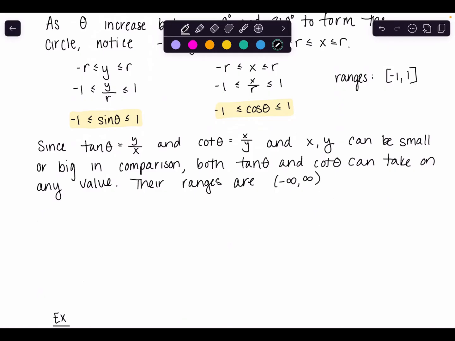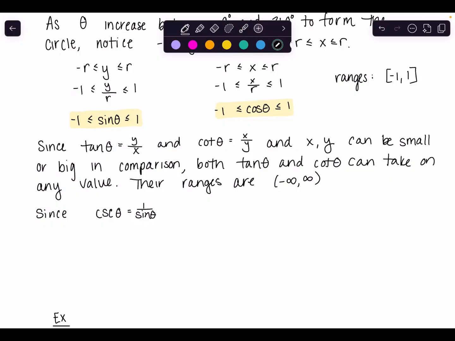Your secant and cosecant are a little bit weird, but they match up together just like sine and cosine do. But since cosecant of theta is really the flip of sine, and sine is something between 1 and -1, well, you take 1 and divide it by a decimal in between 1 and -1, you can potentially get something big, or you can get something big and negative.